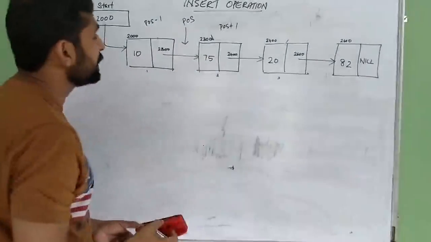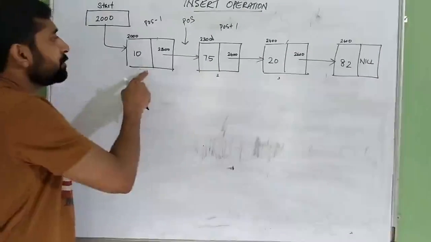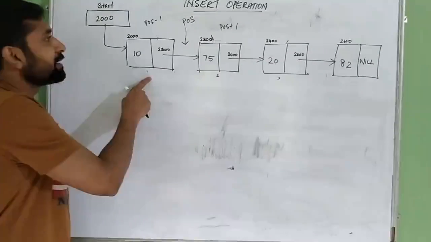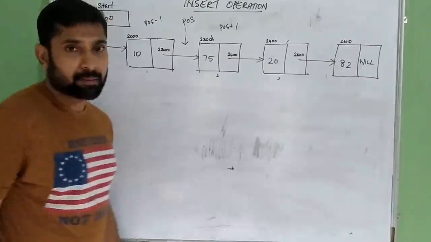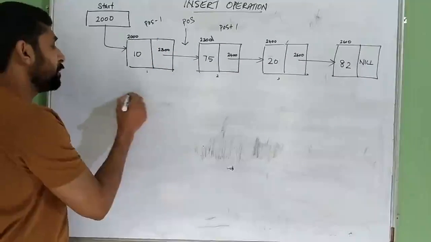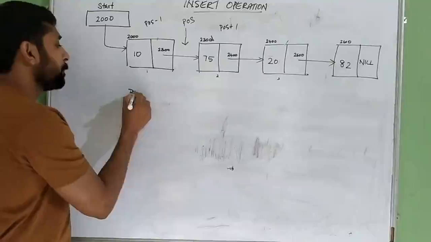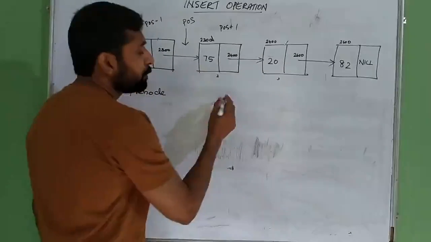So what we have to do is traverse through the linked list and find out the address of POS minus 1 and POS plus 1 and store these addresses in two pointer variables: pre-node, and post node, that is the address of POS plus 1.